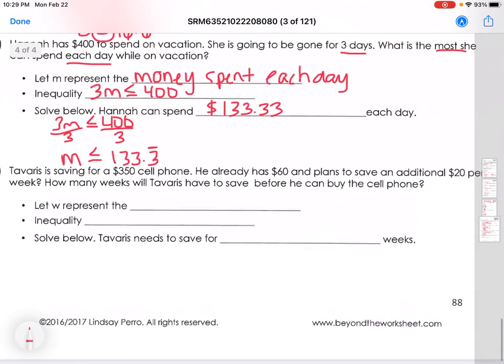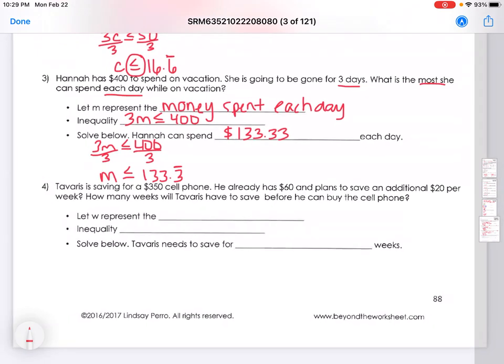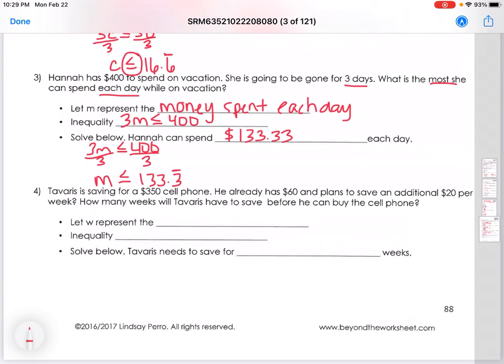Okay, and number 4, Tavares is saving for a $350 cell phone. He already has $60 and he plans to save an additional $20 per week. So how many weeks will Tavares have to save before he can buy the cell phone? So I know he already has 60, plus he's going to save 20 each week. And I'm trying to figure out how many weeks.